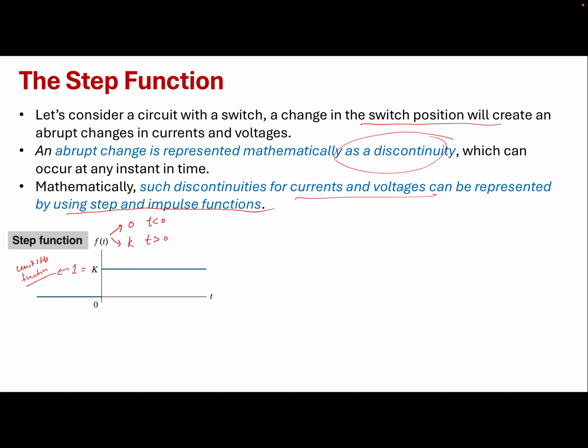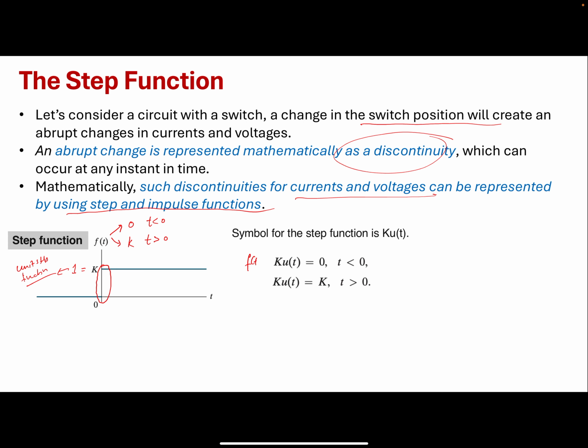That's a very simple function. What we are interested in is what is happening at time t equals 0. We are moving from 0 to the value of k, and we have this discontinuity, right? Here's a mathematical representation of this function. f of t can be represented as k times u of t, and the value is exactly 0 for t less than 0 and exactly k for t greater than 0.